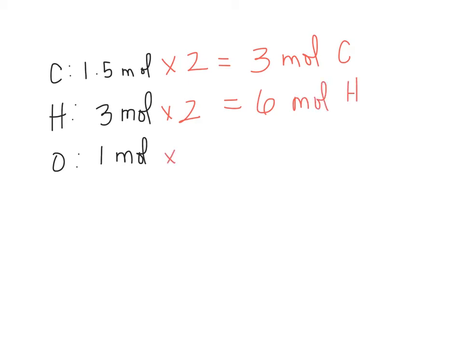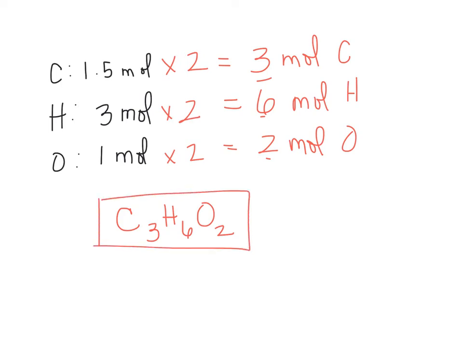And I multiply the oxygen by 2, this gives me 2 moles of oxygen. I now have whole number ratios, and if I write my formula now, I have C3H6O2. And this here is going to be my empirical formula.